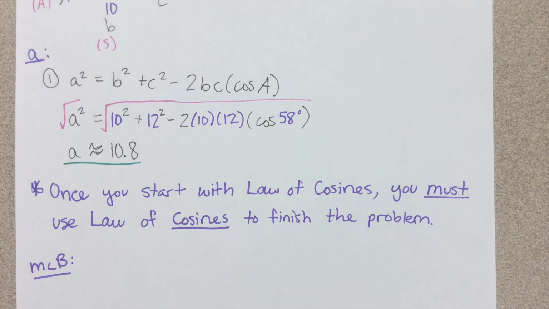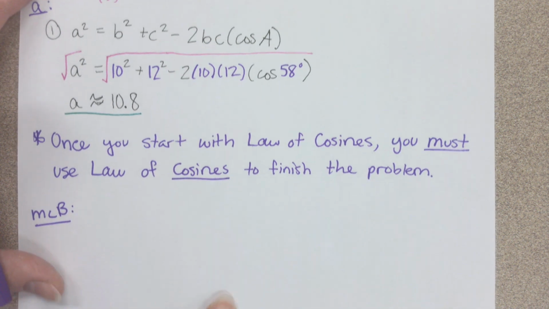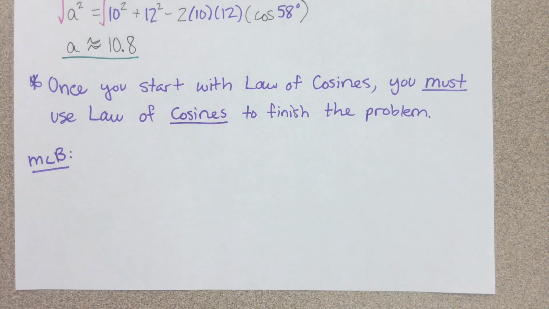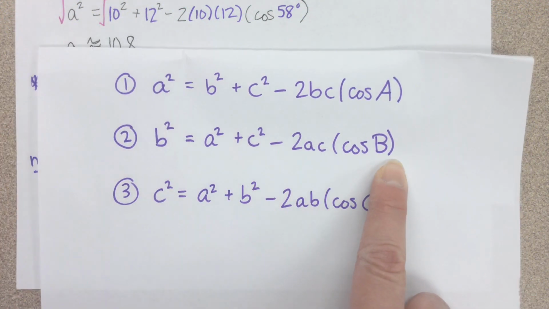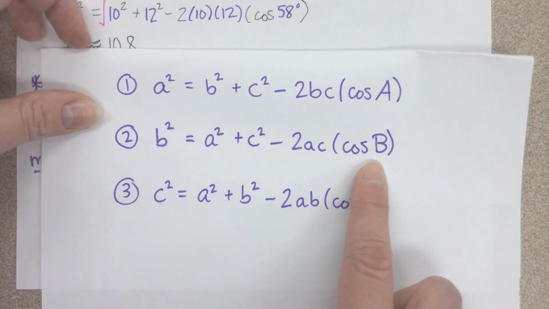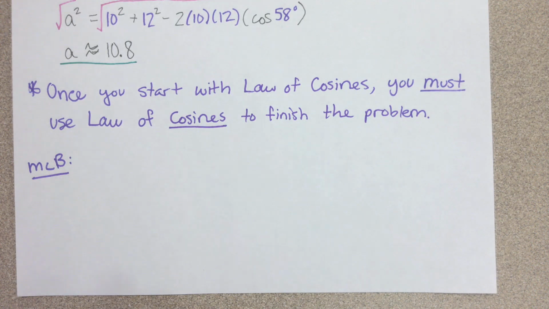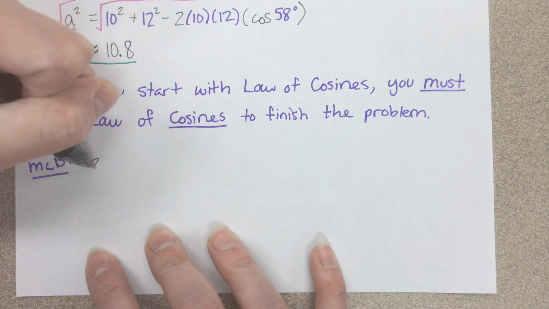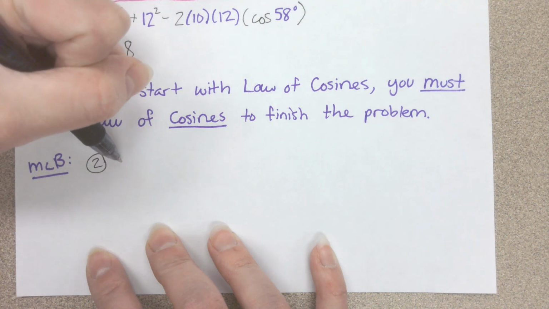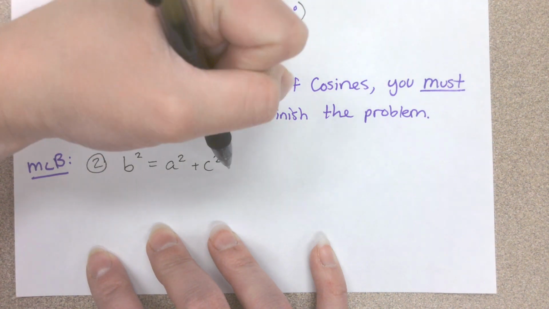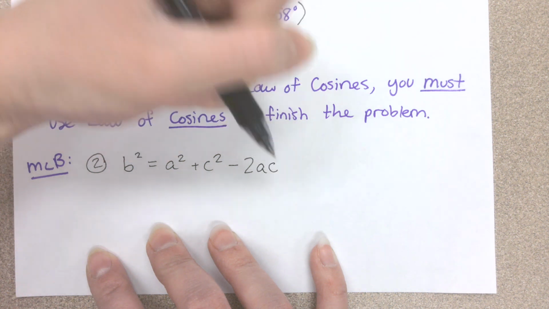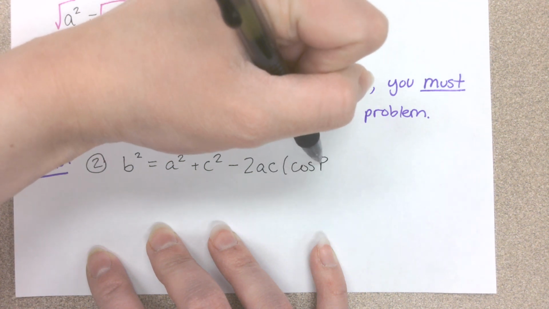It just depends on the givens, but I found A for that work. Now I'm targeting angle B. So again, we have to use law of cosines. We're going to go with the second formula because that's the one that has angle B in it, and that's what I want to find out. Formula 2: B squared equals A squared plus C squared minus 2AC times cosine of B.